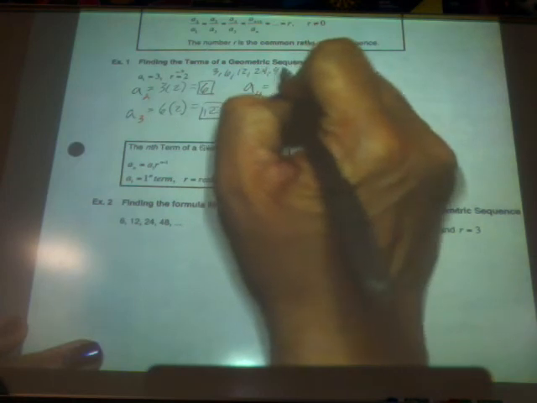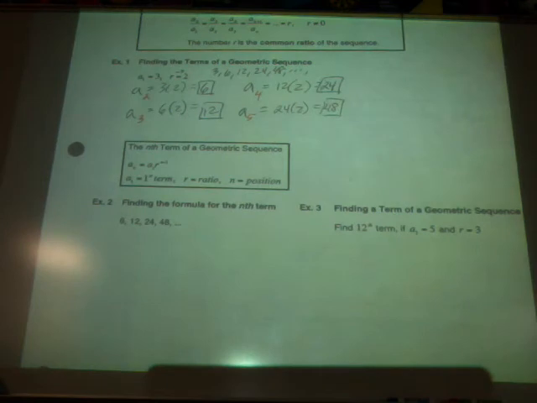So your sequence would be written out as 3, 6, 12, 24, 48, dot, dot, dot. So that's easy. I bet you wish all your problems were that way, right?